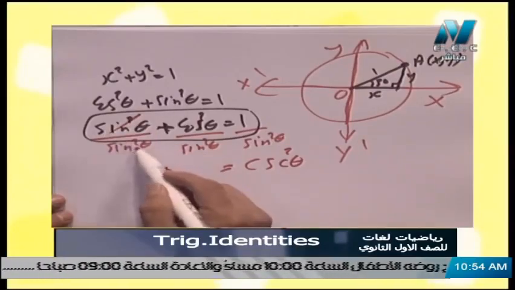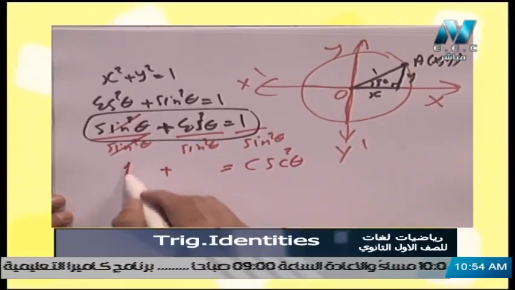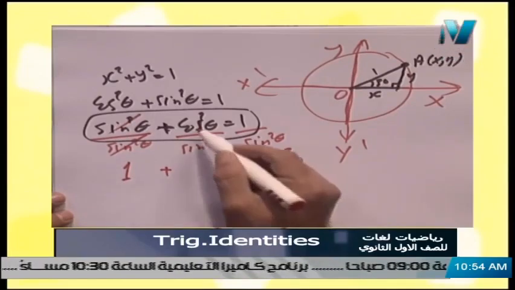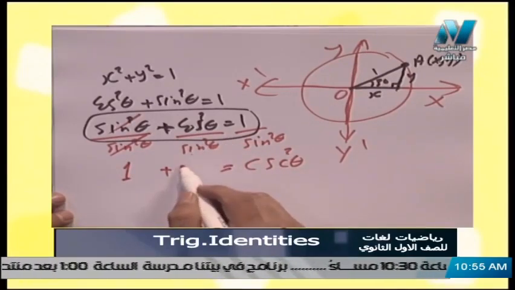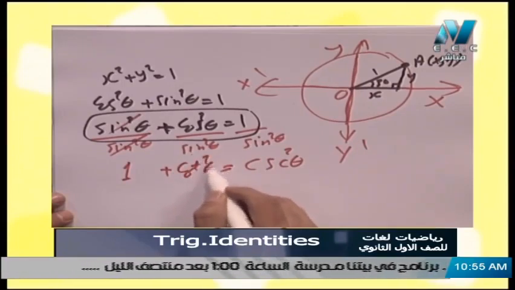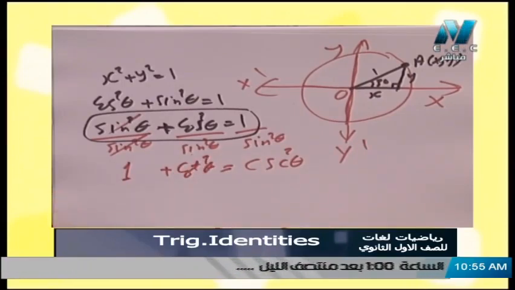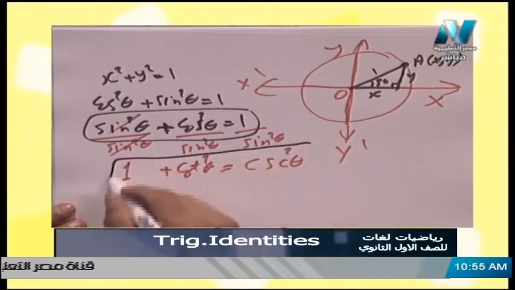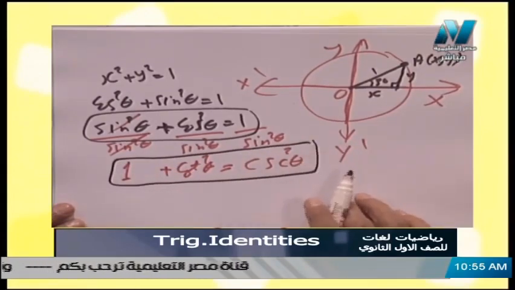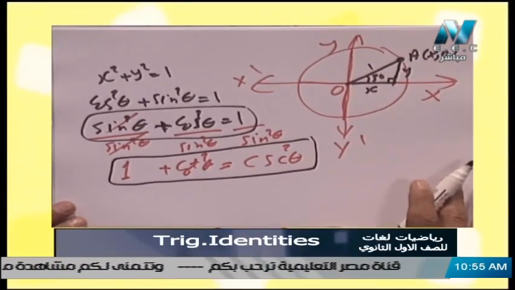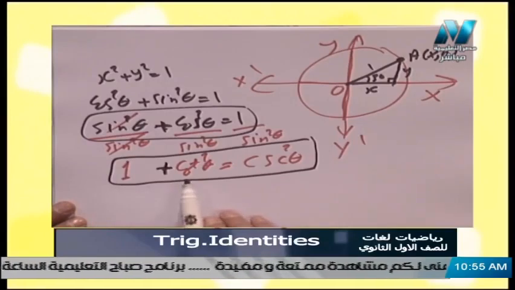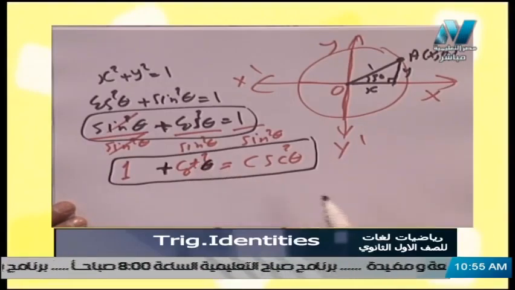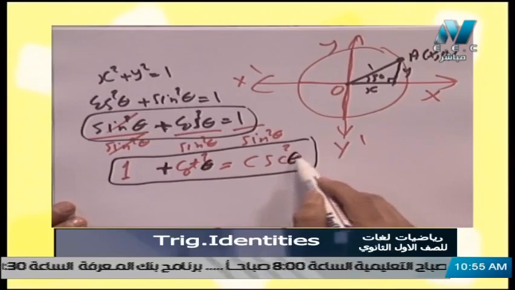And sine power 2 theta divided by sine power 2 theta equals 1, of course. And cosine power 2 theta over sine power 2 theta, you know it will be cotan power 2 theta. So it's now a very important identity. It's a rule for us to solve some identities. It's 1 plus cotan power 2 theta equals cosec power 2 theta.